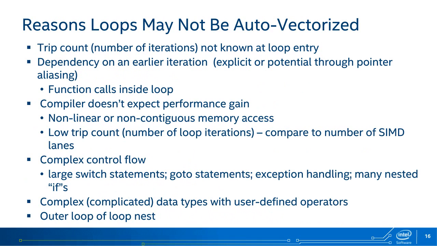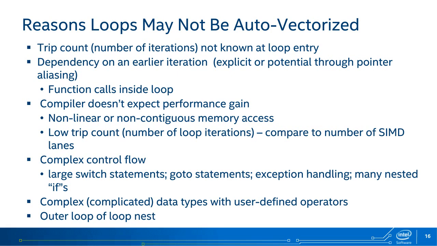I already talked about it a bit, but there are many different reasons the loop may not be vectorized, and the idea is to go to optimization reports, and we will do it soon, in order to double check why the compiler was not able to auto-vectorize this or that loop.